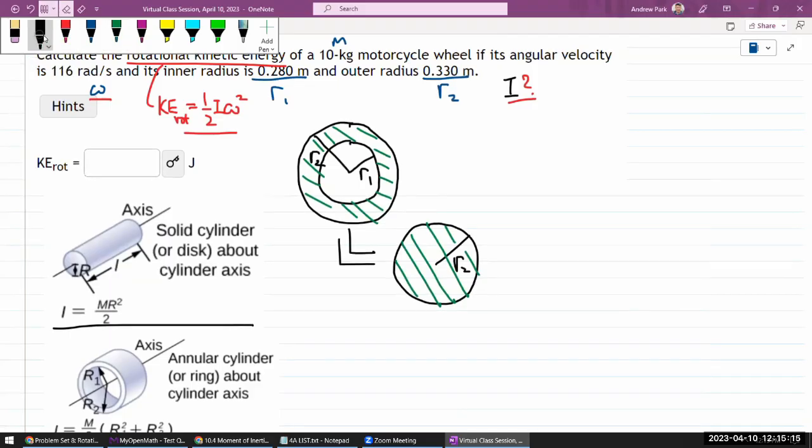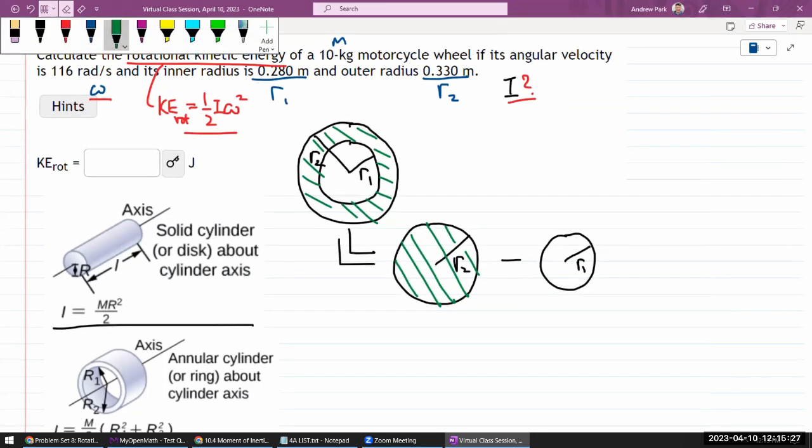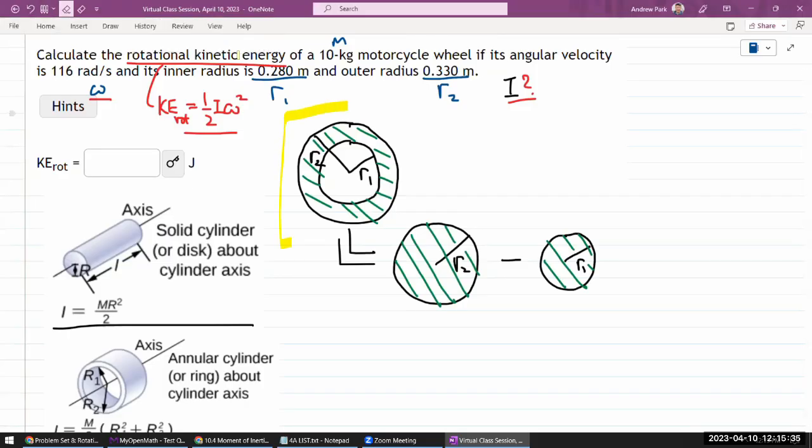And somehow, if you could subtract off a smaller disk of radius r1 that is also solid and has the same density as the bigger disk, then that would give you this shape.